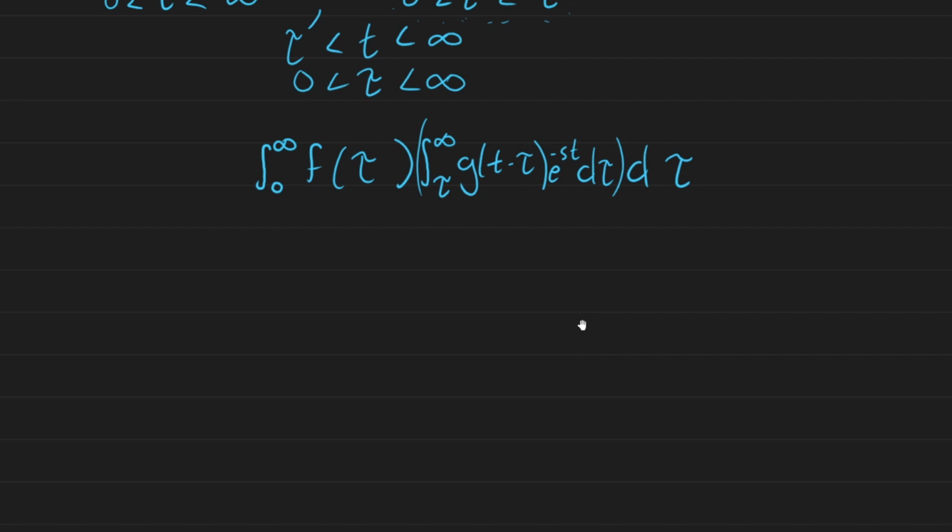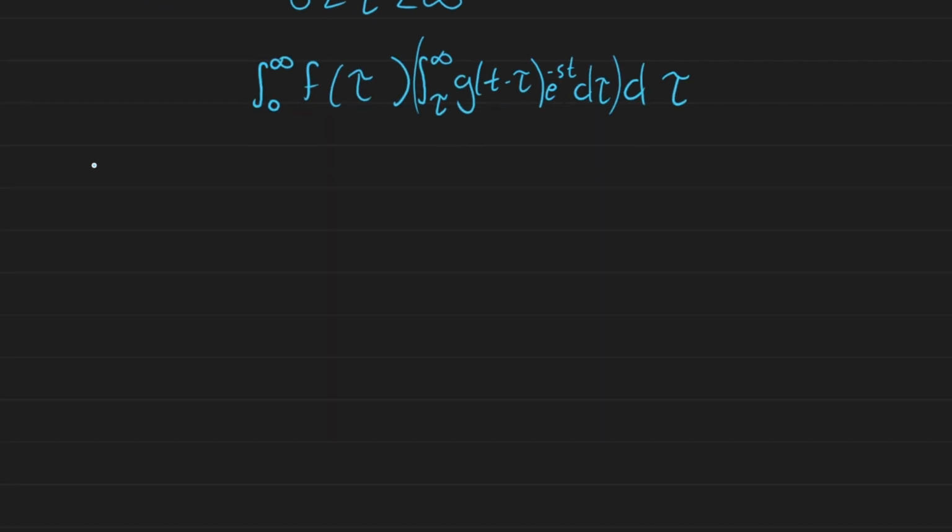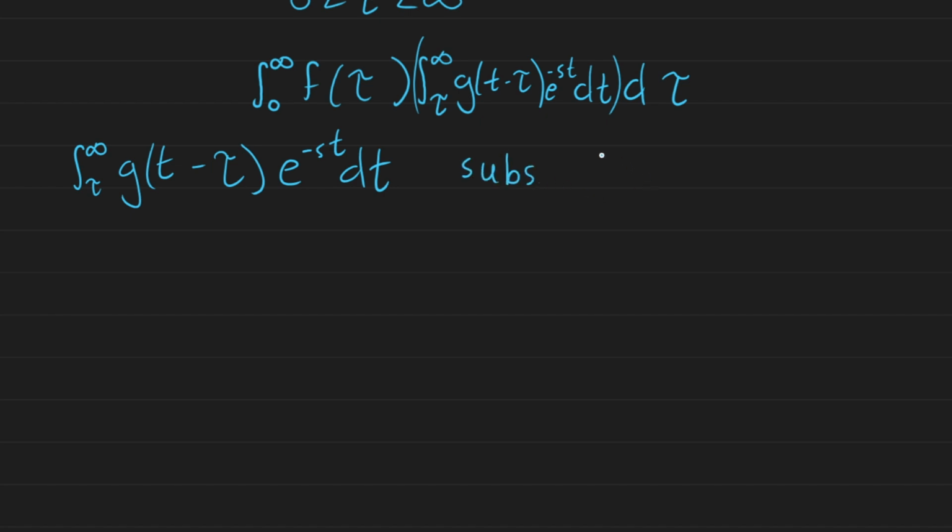So let's write this inside integral. We have the integral from tau to infinity of g of t minus tau times e to the minus st, times dt. What we're going to do is a substitution, where u equals t minus tau.